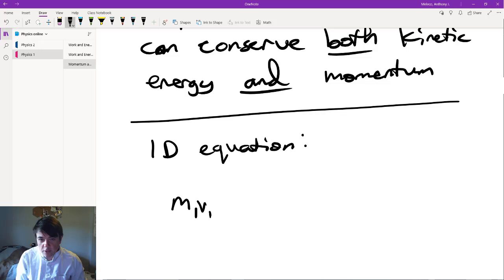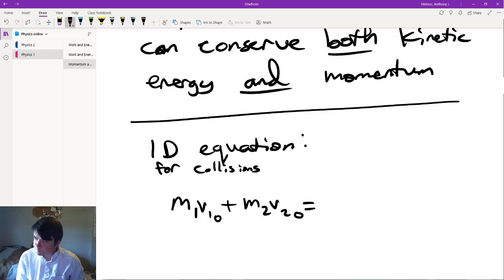So m1 v1 initial, this is the initial momentum of the first object, plus m2 v2 initial equals m1 v1 final plus m2 v2 final.